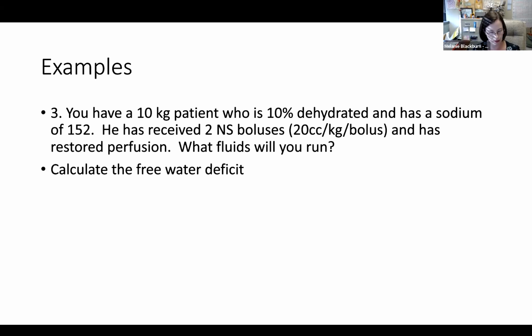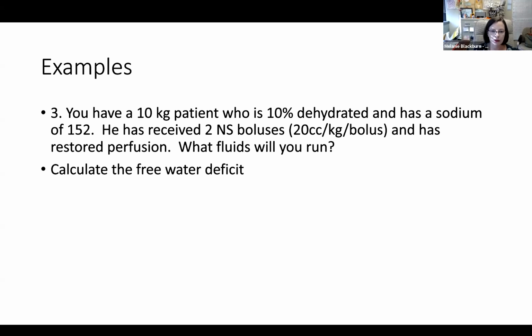Her total body water is 6 liters. Half a liter. Okay, so close. Yeah, so 514 milliliters exactly is her free water deficit.